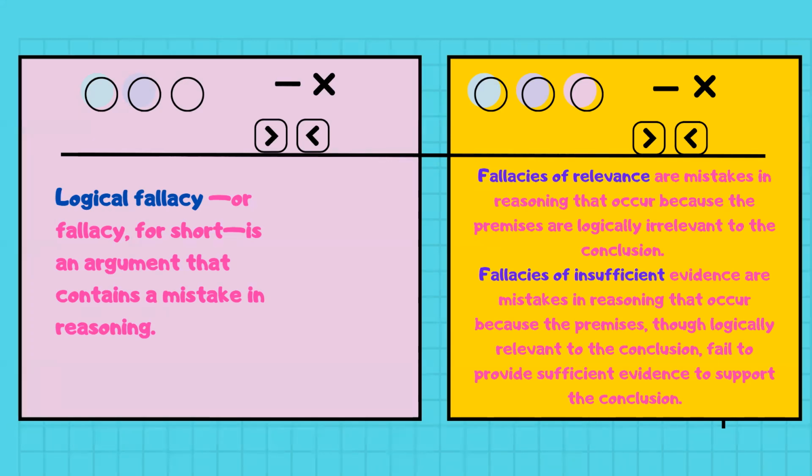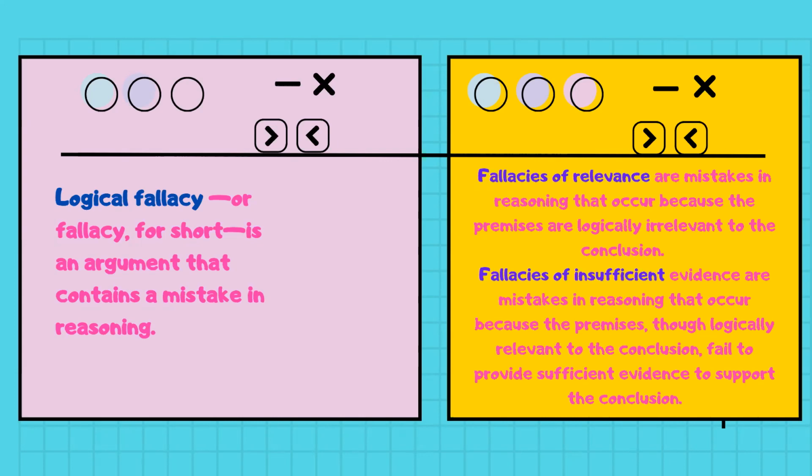There are many common logical fallacies. The simplest way is to divide such fallacies into two broad groups. The first is fallacies of relevance, and the other is fallacies of insufficient evidence.